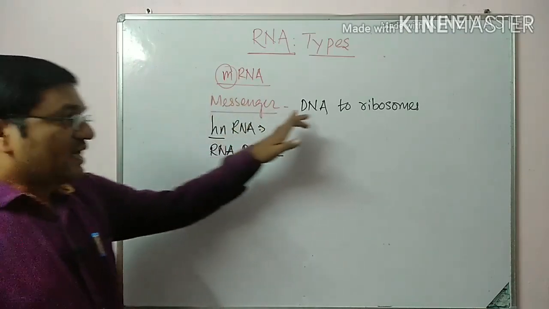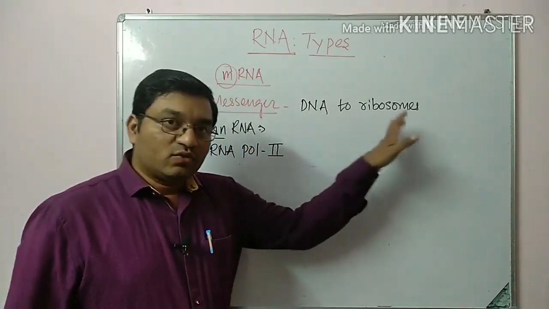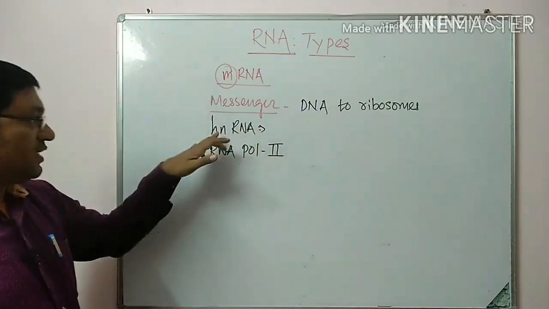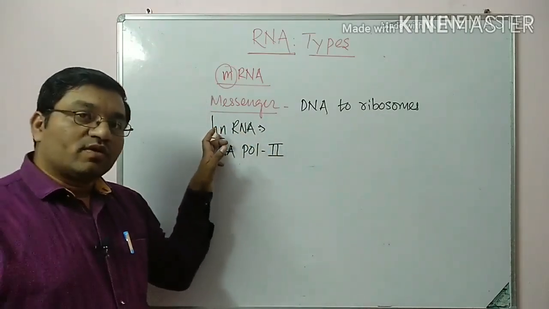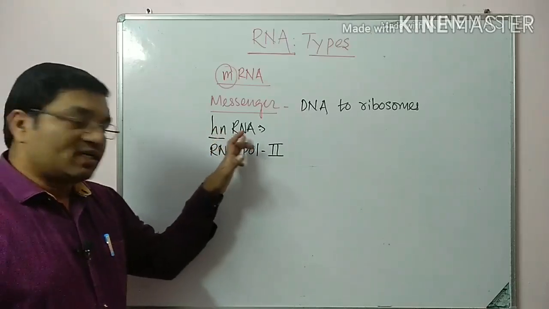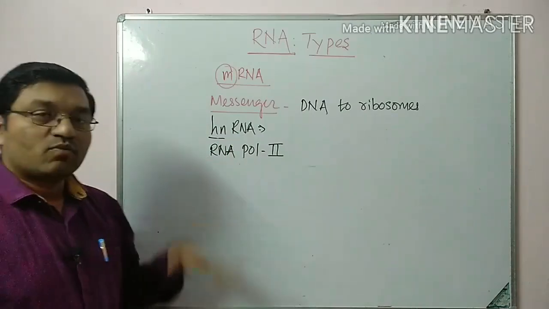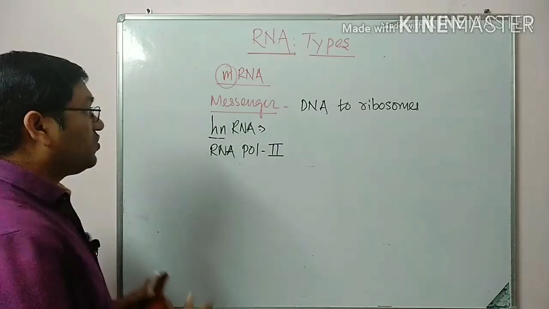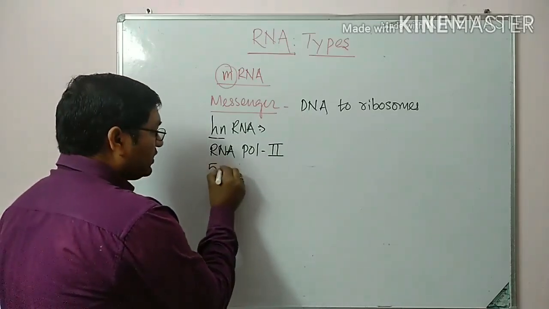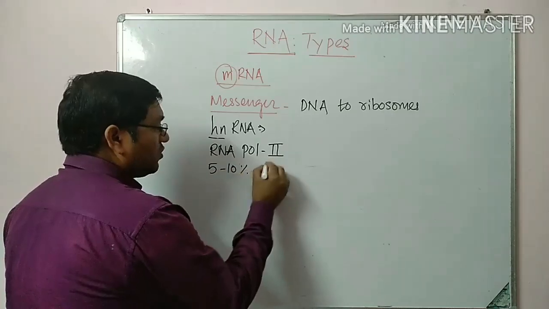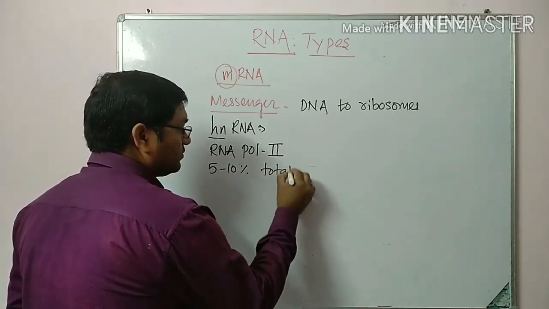First point is it carries information from DNA to the site of protein synthesis. Second, it is from the precursor molecule, that is hnRNA. It is synthesized by RNA polymerase 2, and it constitutes about 5 to 10% of total RNA.